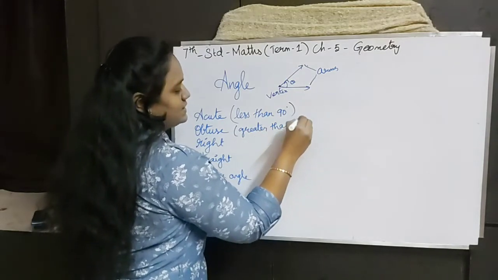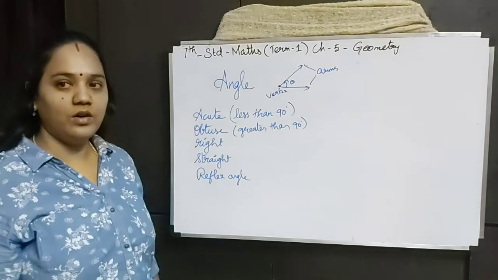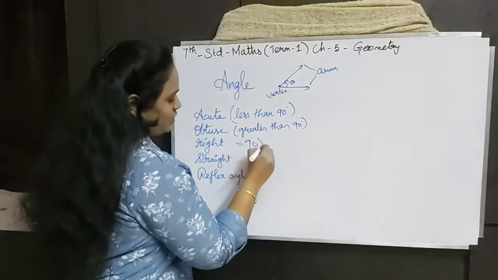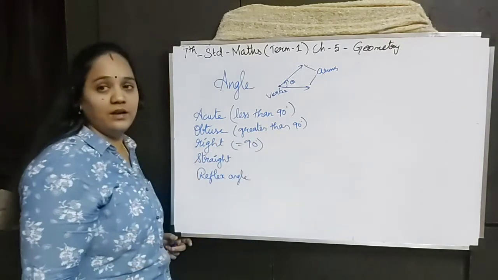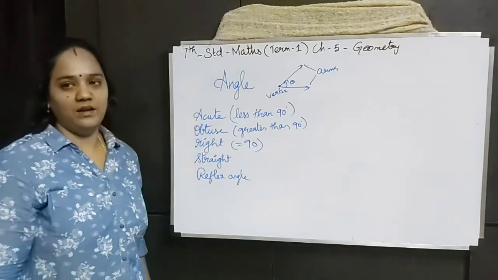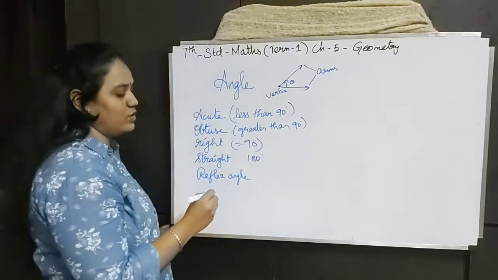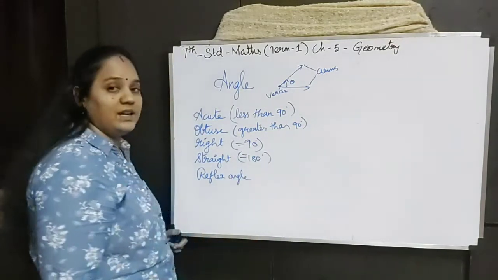If the angle is equal to 90 degree, it is known as a right angle. If the angle is 180 degree, it is known as a straight angle.